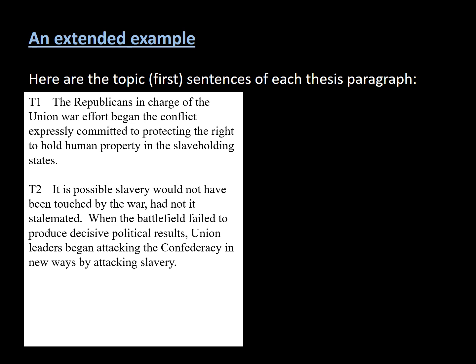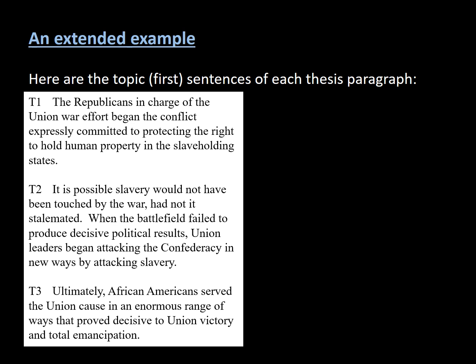A lot of it has to do with technology and some other kinds of factors. The critical thing is that the battlefield stalemated. It broke down. And even very costly or very successful victories had a hard time changing the political tides of the war. And then third, emancipation was the solution to this problem.